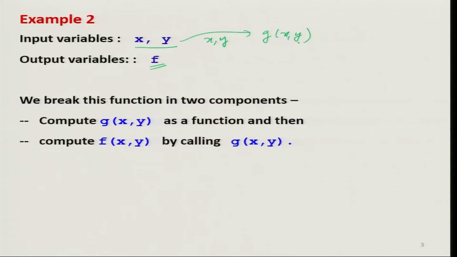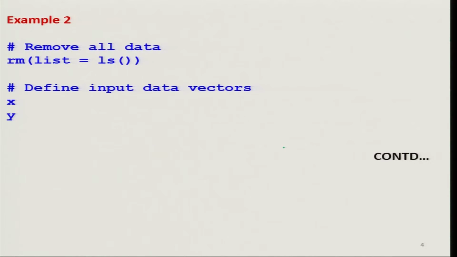So we try to break the entire function into two components. In the first step we compute g(x,y), and this computation has to be done as a function, and then we compute f(x,y) by calling the function g(x,y). That is what we have to learn in this example.